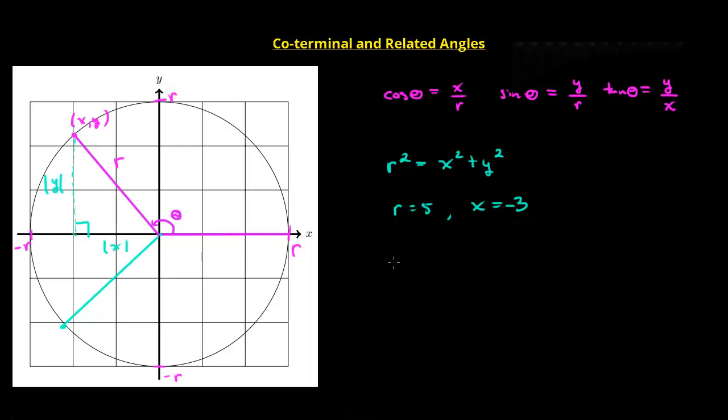And how you'd write that out is, if you were asked to solve for y, you say that 5 squared is equal to -3 squared plus y squared. You'd rearrange this equation for y: y squared is equal to 5 squared minus 3 squared, which is 5 squared minus 9, so y squared is equal to 16.